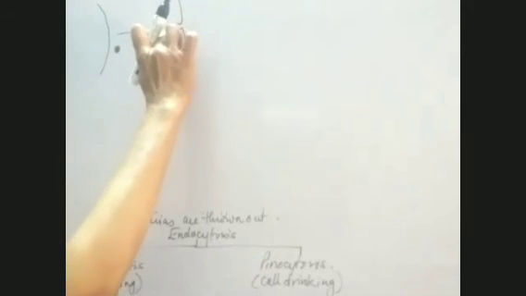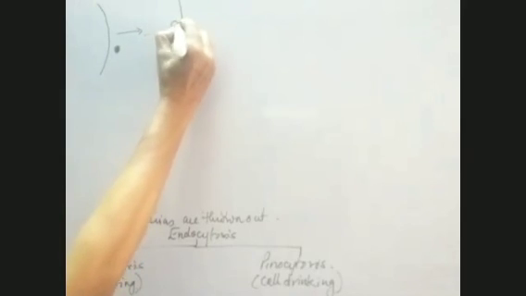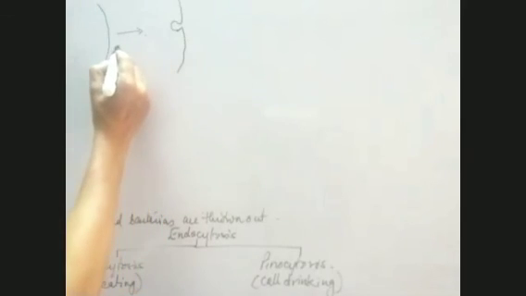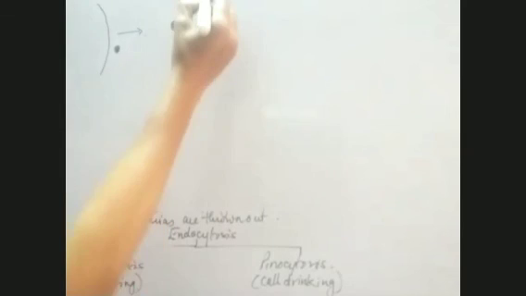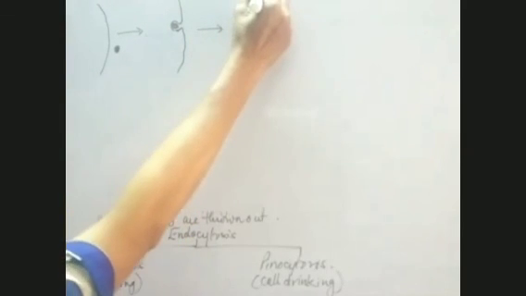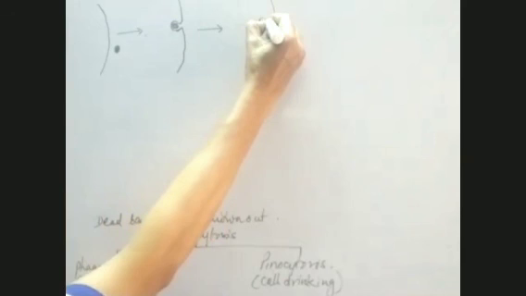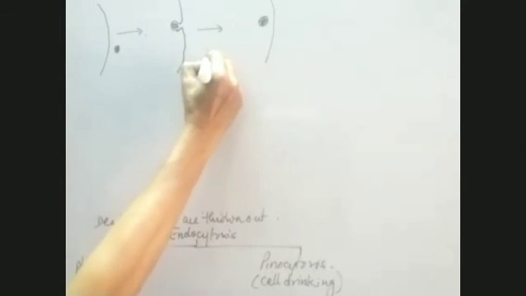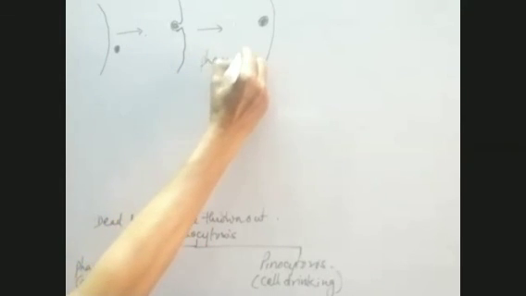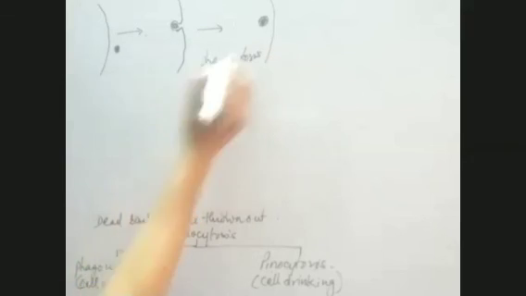Now this material which the cell needs to eat enters in this invagination, and finally it becomes part of the cell, and slowly it gets assimilated in the cell. And this is cell eating or phagocytosis. How the cell eats.